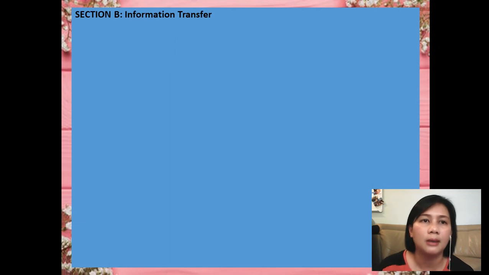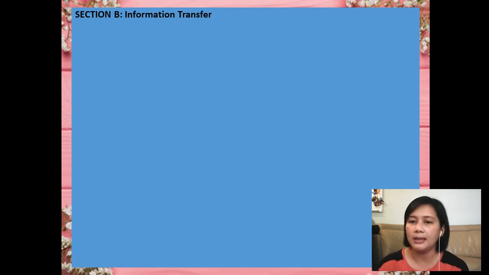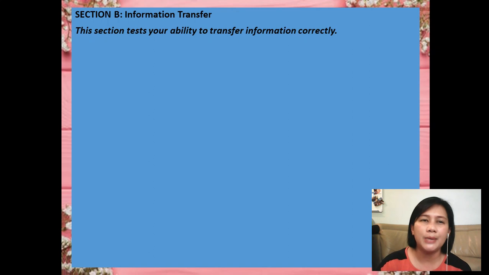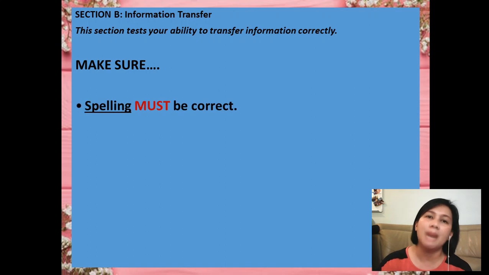What is this? I think these are the questions that can save you a lot and give you a lot of marks. But remember, please read slowly and carefully. This section tests your ability to transfer information correctly. Make sure spelling is correct.